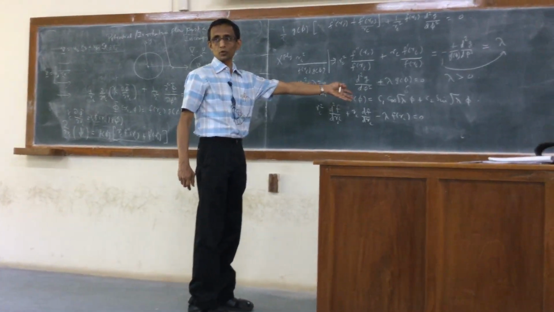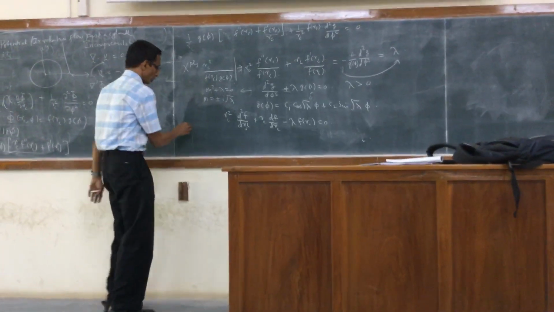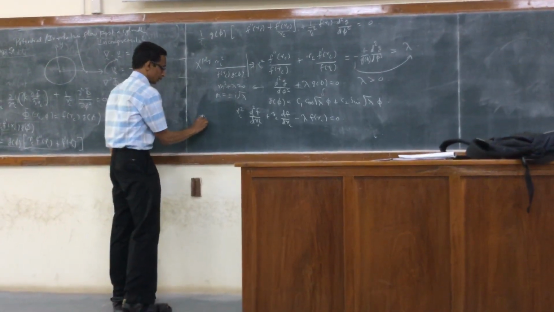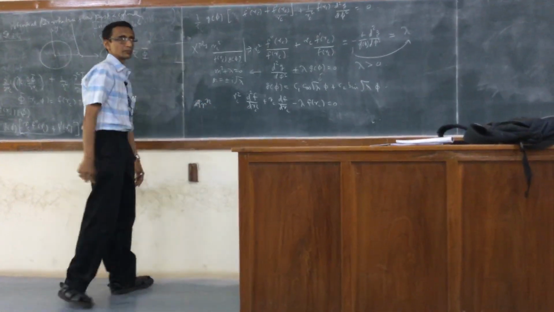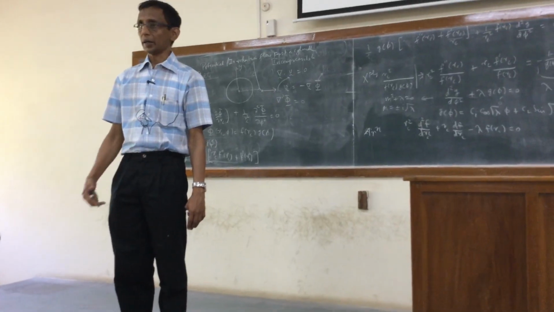So this is the type of equation which we have encountered many times. You should know without any hint from me that we are supposed to seek a solution of the form A Rc to the power n, and then we have to find n by substituting.